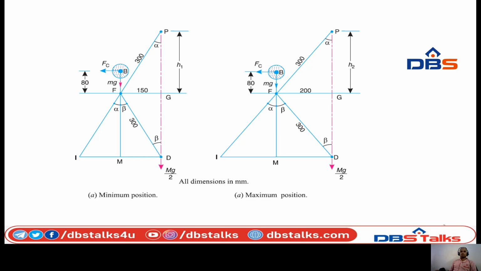Then the next point is that it is parallel to the axis, and the radius of rotation of the ball, that means R, is 150 mm and 200 mm. So here there are two radii of rotation: R1 equals 150 mm and R2 equals 200 mm.